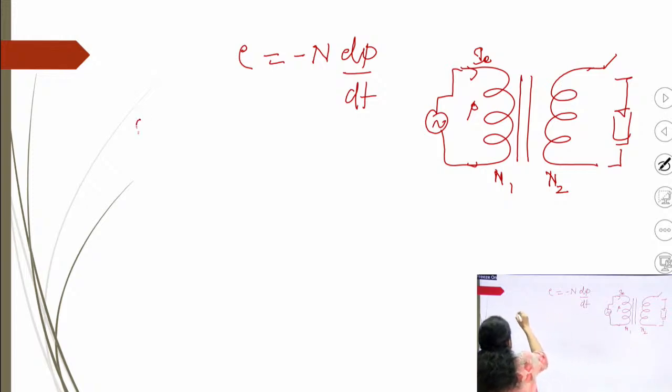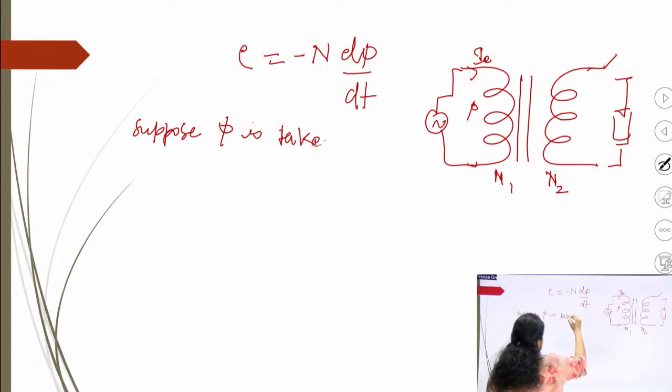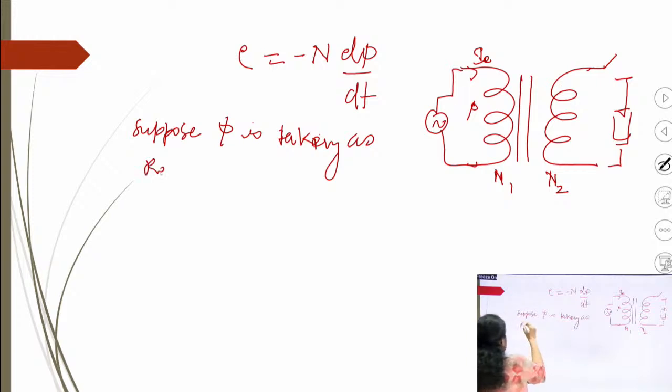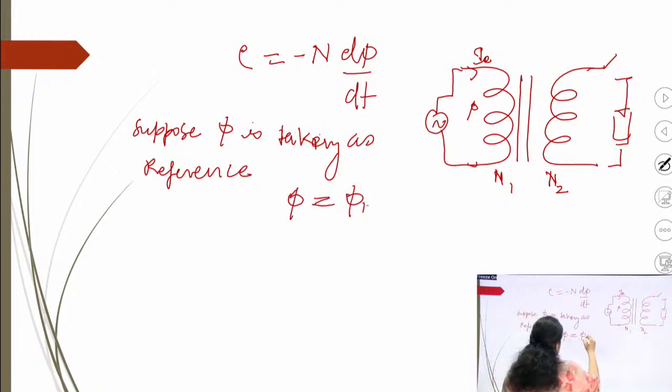Suppose phi is taken as the reference flux, so phi can be expressed as phi m sin omega t.